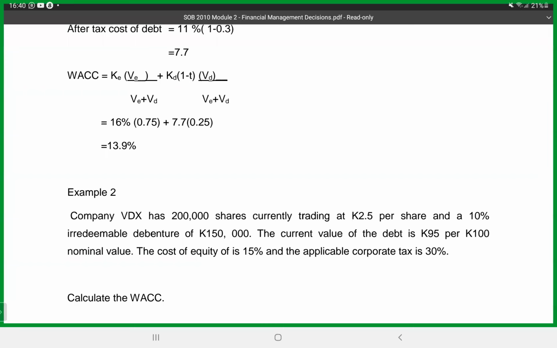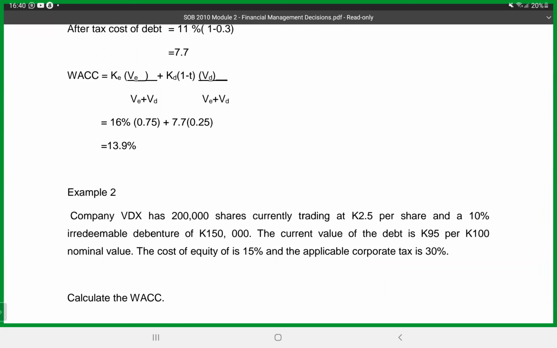The cost of equity, the weighted market value of equity, of course. Then you're also looking at the weighted market value of debt plus the cost of debt, and the taxes, if at all you have corporate taxes in there. So let's look at this example, which is a little bit complex, just a bit.